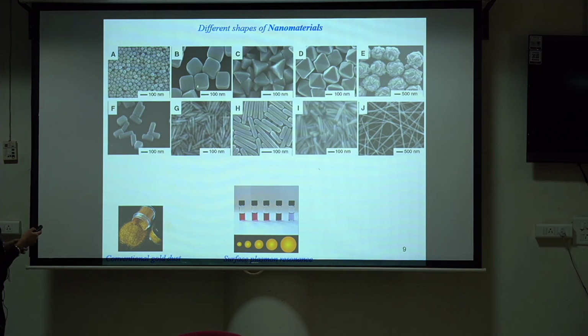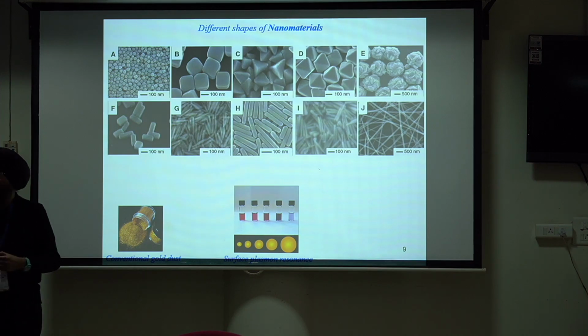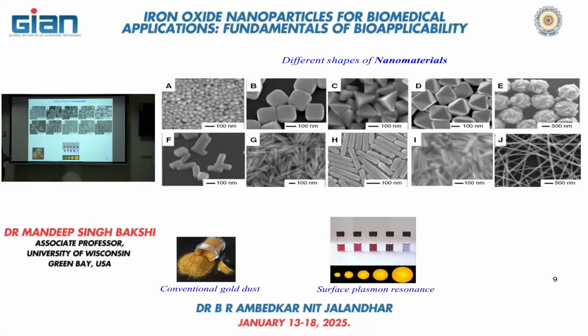So it could be like this, it could be like prism. As I told you, when you have to measure the dimension of the size of the particle, always keep your attention on the scale bar. So it means that the size of this cube, one side of the cube, is close to or slightly greater than 100 nanometer.